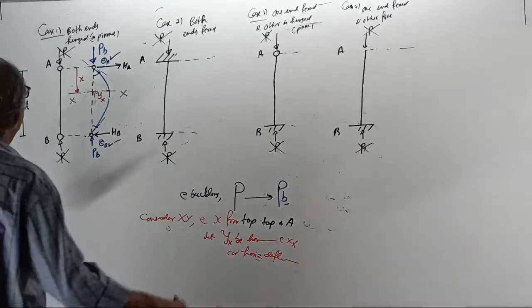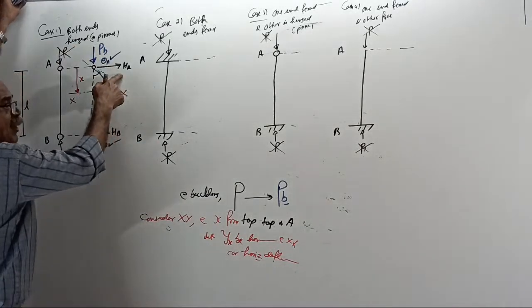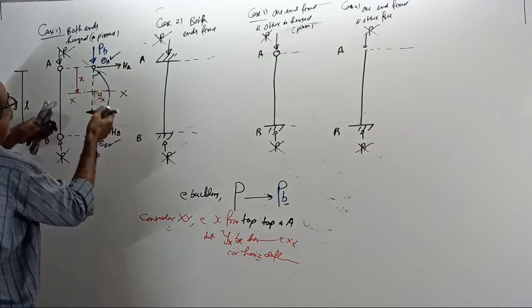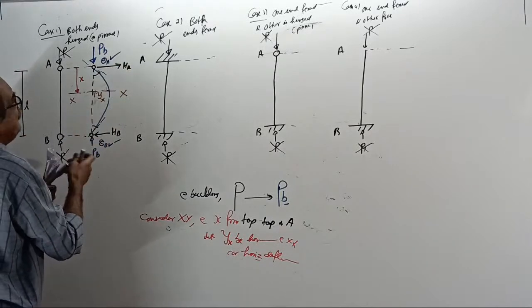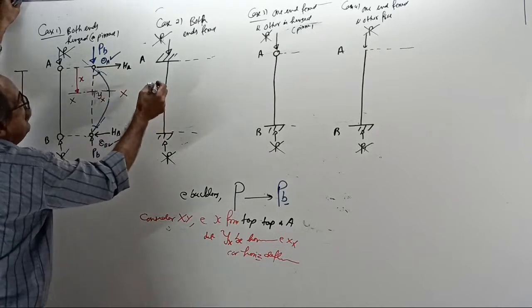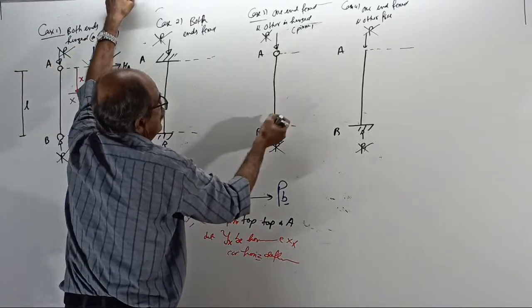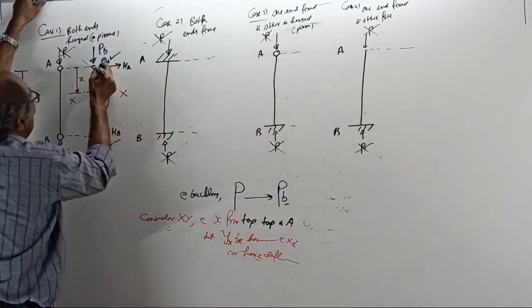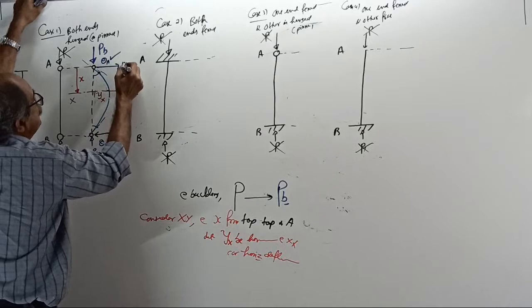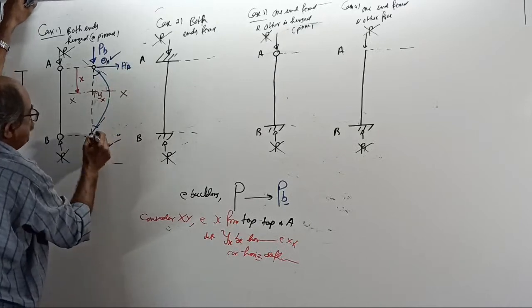Yes. Therefore, it can take horizontal reaction, but I write it in blue color. It has got the capacity. Yes, correct, it can take horizontal reaction, you write here. HA is possible, HB is possible.